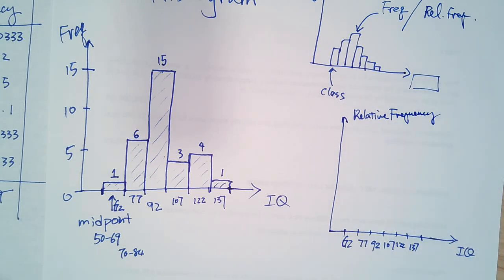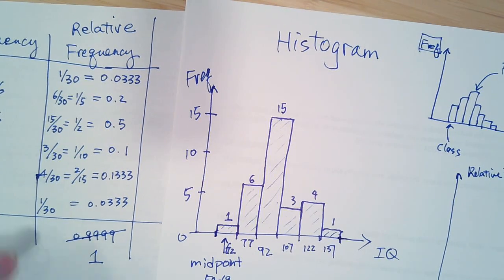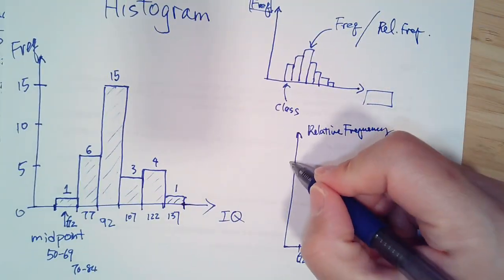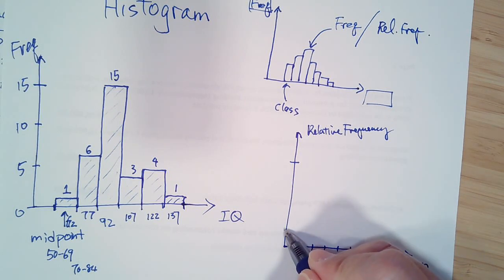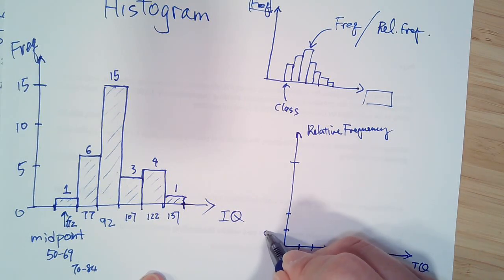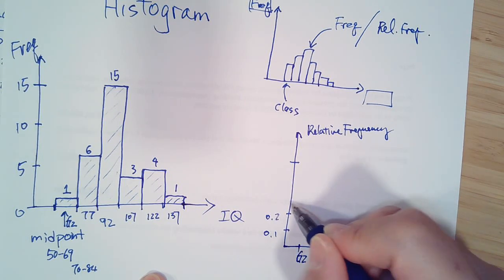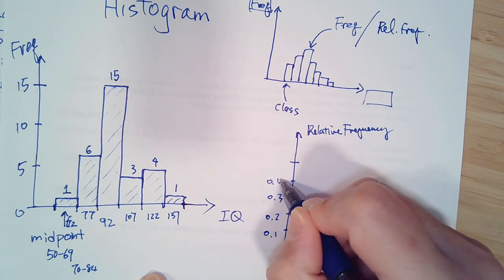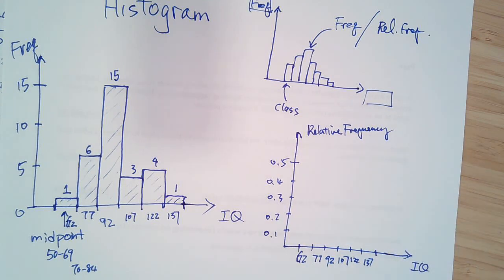And for relative frequency, if you look at this, the maximum number is 0.5. The lowest is just nothing. So here it will be 0.1, 0.2, 0.3, and 0.5. Sorry.